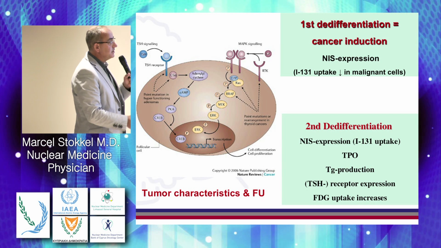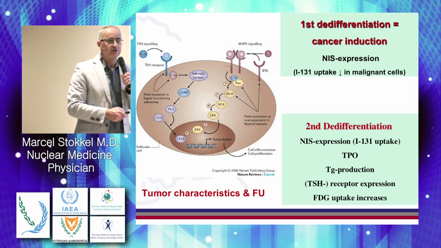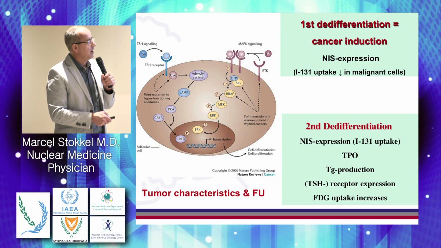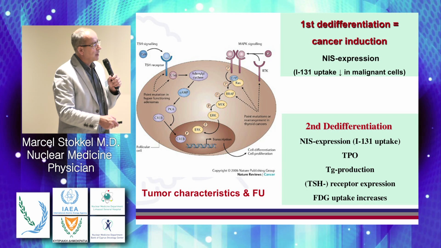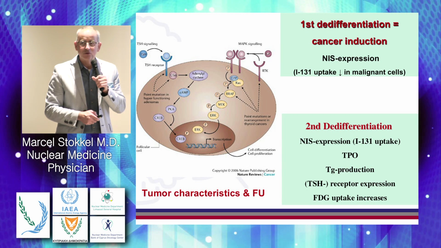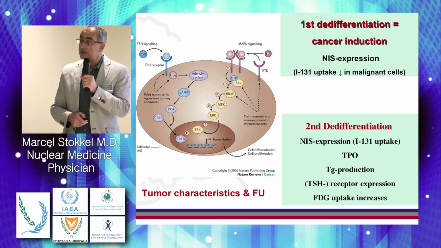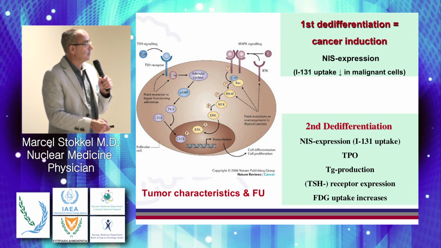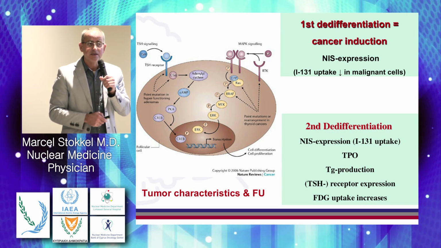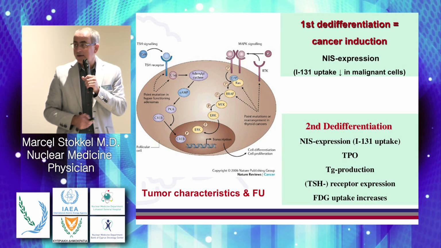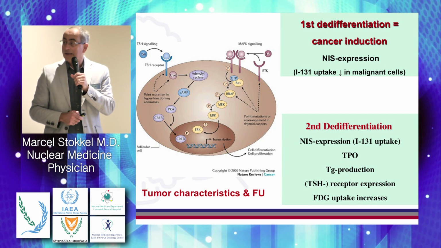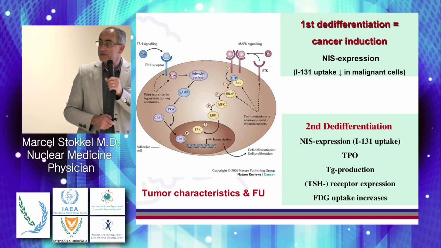When there is progression of disease, a second dedifferentiation step may occur. And what does it mean? Well, that might have consequences on the expression of the sodium iodide symporter. And that means that the uptake of radioiodine is less than at the initial stage.